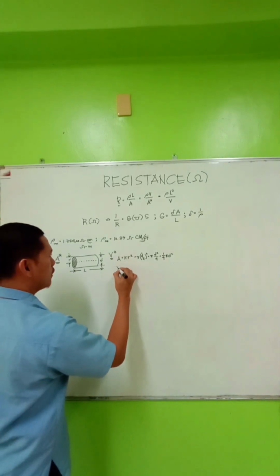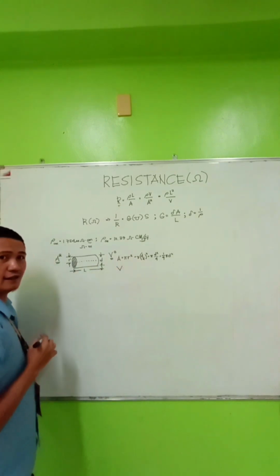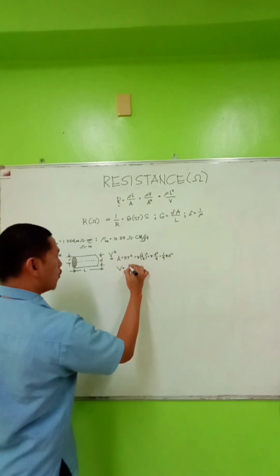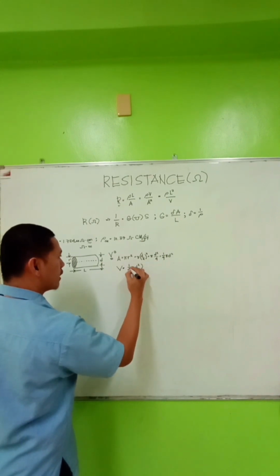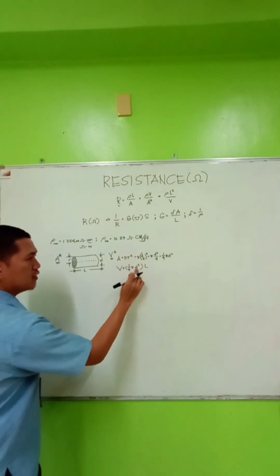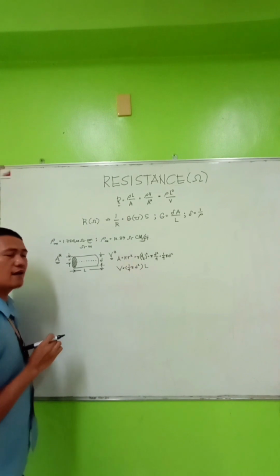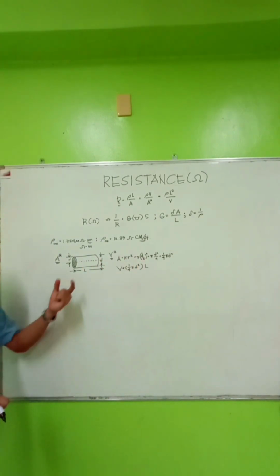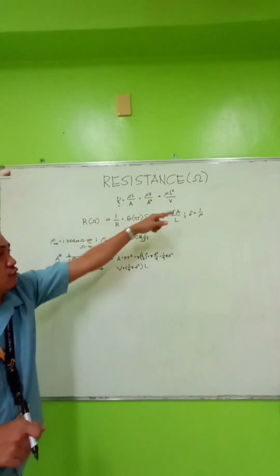So therefore, your volume for your cylindrical conductor would be 1/4 pi d squared times your length. The unit will be in cube. Yes, you have your volume which is related to your formula.